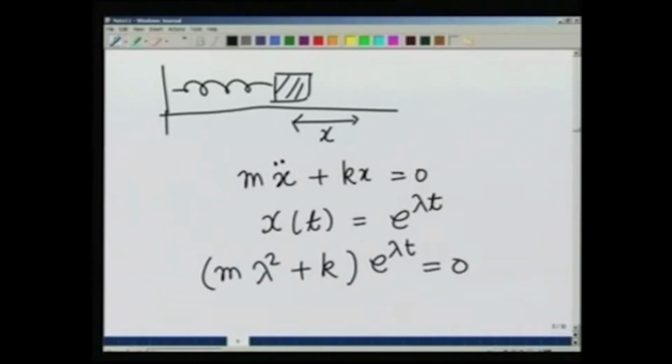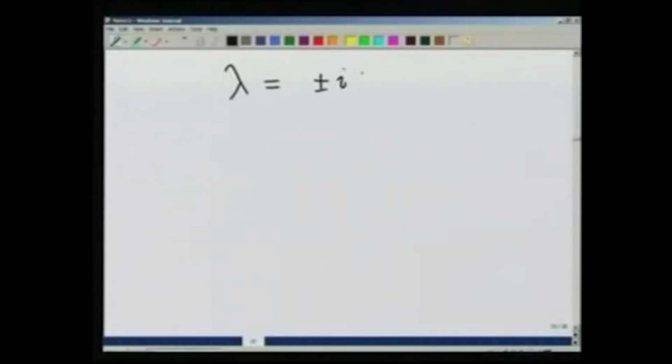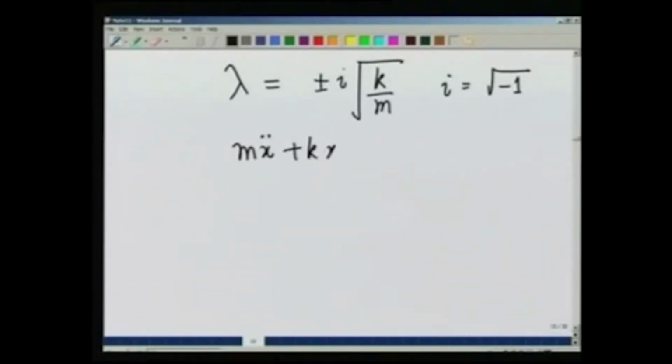Since it is true for all the times, I must have lambda square is equal to minus k over m, and therefore lambda comes out to be plus minus i square root of k over m, where i is equal to square root of minus 1. So I have two solutions for the second order differential equation mx double dot plus kx equal to 0.